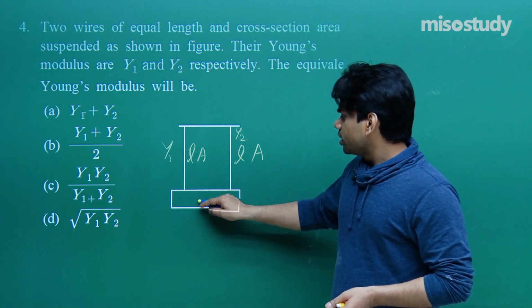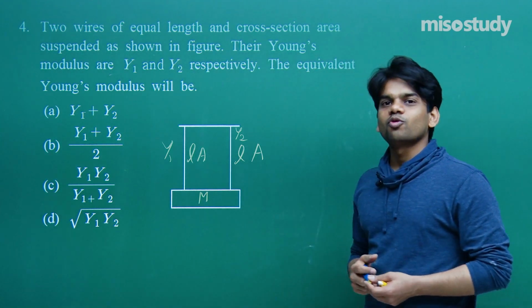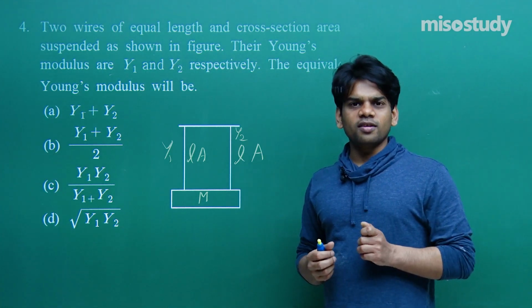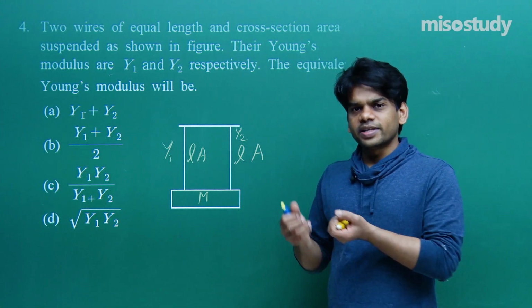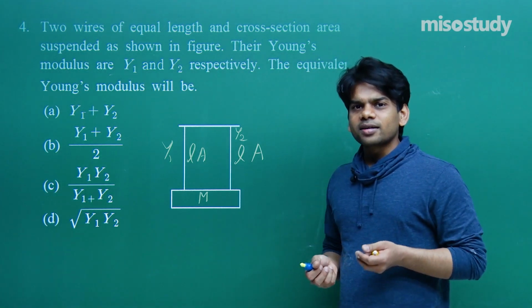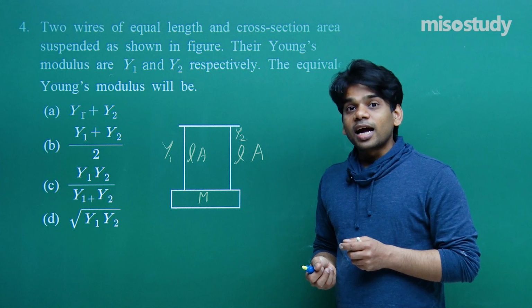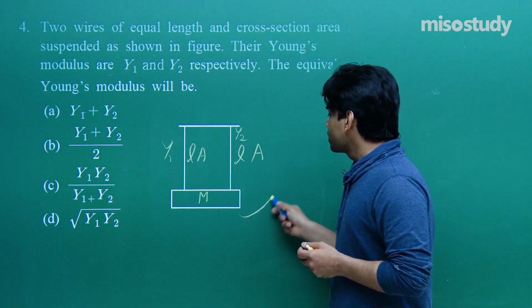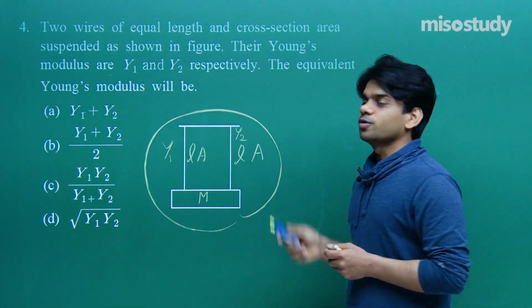Let's say the load is here of mass m. This is what has been shown. Now see that a wire will also behave as a spring. If it is extended, when you remove the load, it will try to come back to its original length. That means we can use the concept of spring constant in this particular scenario.